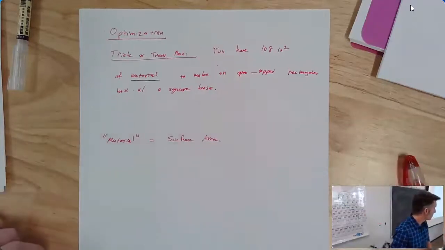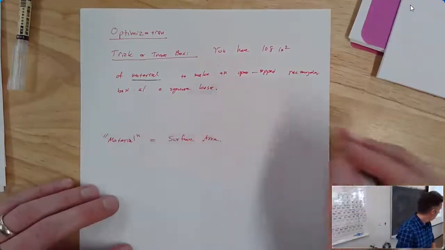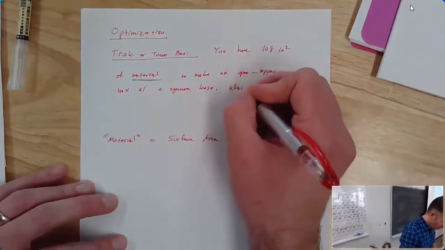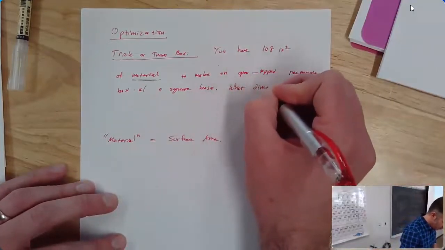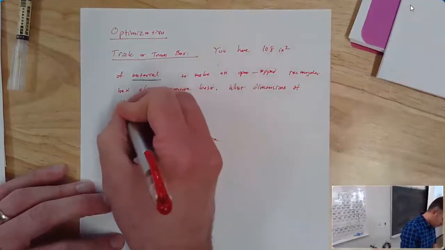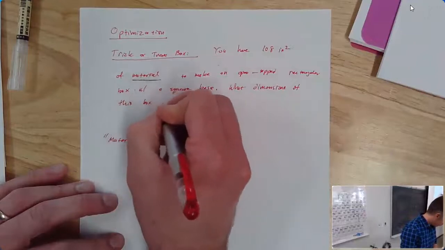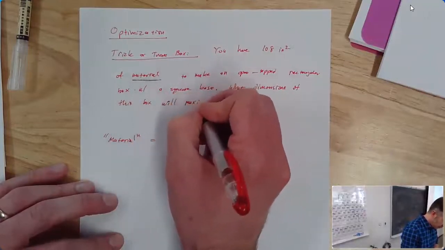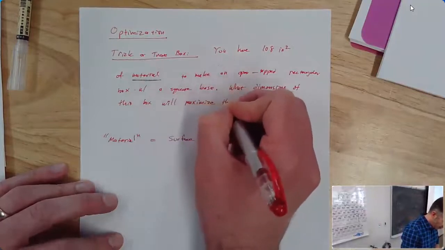Without the top, what dimensions of this box will maximize the volume it can hold?